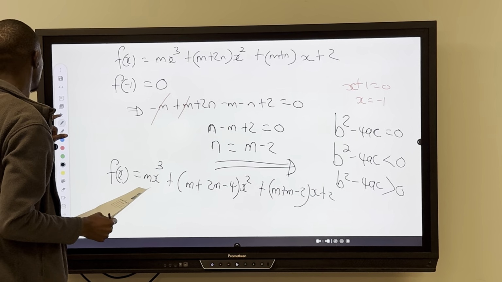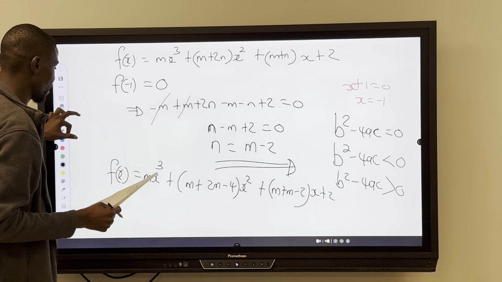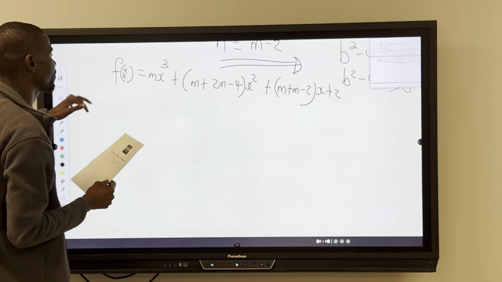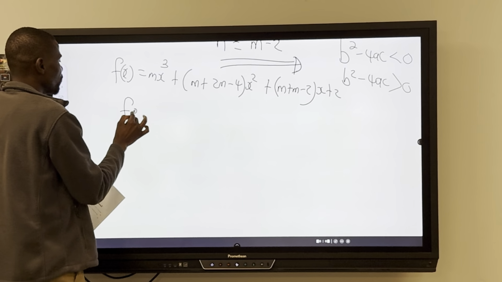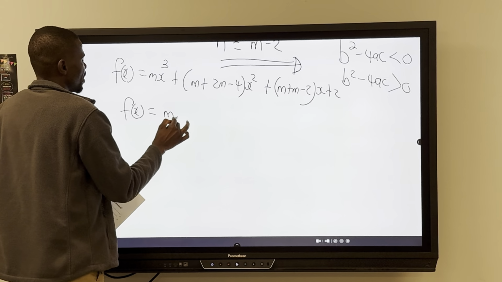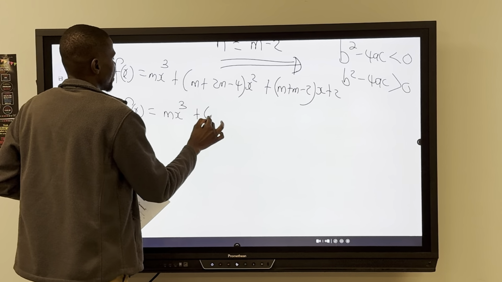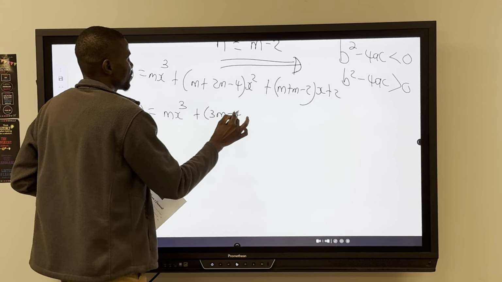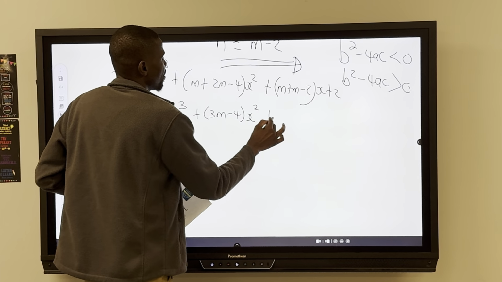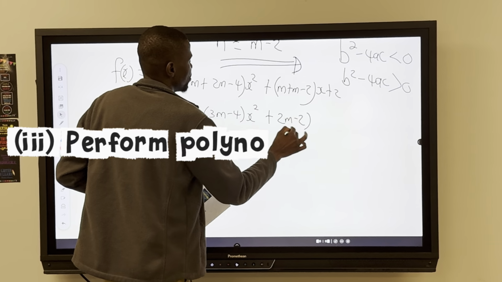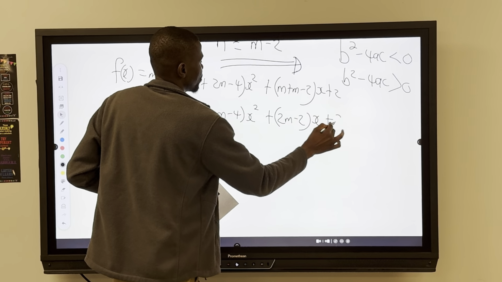Right. So here we are going to divide by x plus 1. All right, let me simplify first. So our f of x equals mx cubed plus (3m minus 4)x squared plus (2m minus 2)x plus 2.